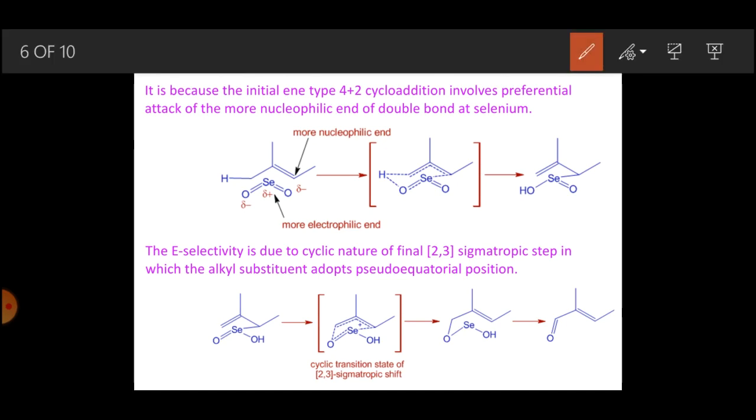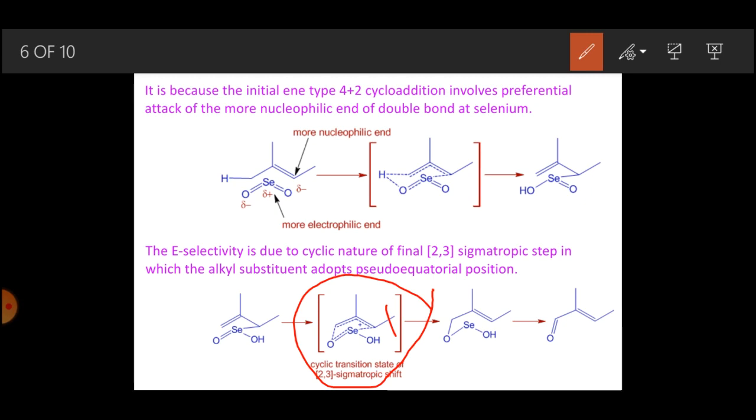You can see here in this cyclic transition state that the alkyl substituent adopts the pseudo-equatorial position.